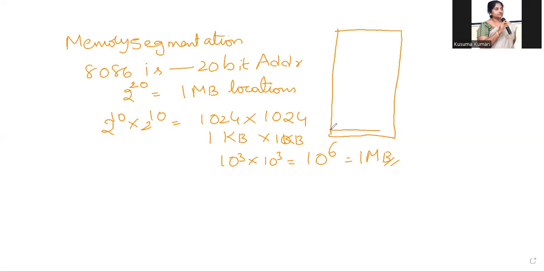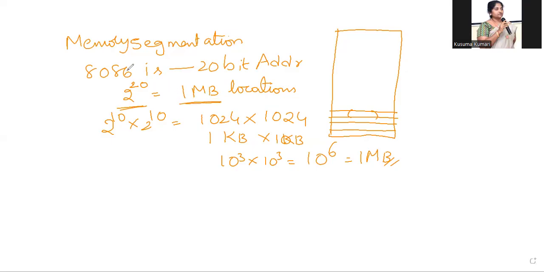Then each memory location has 1 byte of data, that is 8 bits of data. So that's why 2 power 20 is 1 megabyte of memory locations.